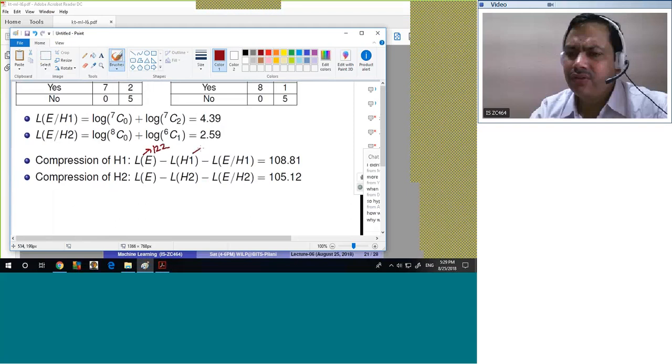For H1, we have seen 4.39 for the exceptions, and for H2 this is 2.59. To encode the hypothesis, H1 needs only 8.81 bits, but to encode H2 we need 14.30 bits, and this value is again the same 122. So by this we got this value.